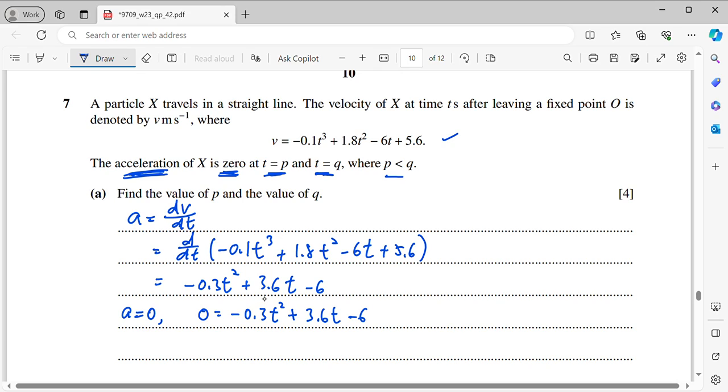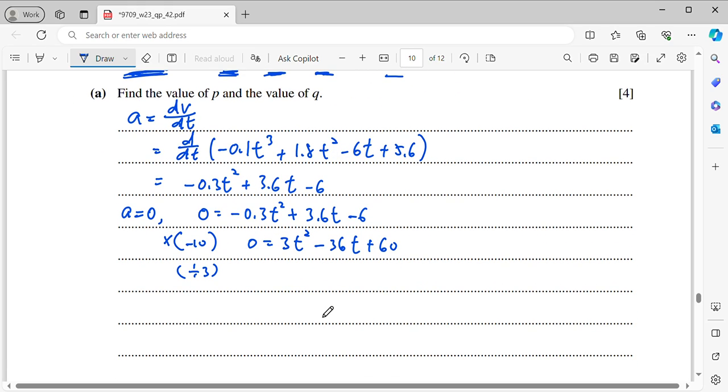Now to eliminate the decimal, I times negative 10 because I need to get positive t squared. So you will be getting 0 is 3t squared minus 36t plus 60. Okay, so and then this can be divided by 3. So when divided by 3, it will be 0 equals to t squared minus 12t plus 20.